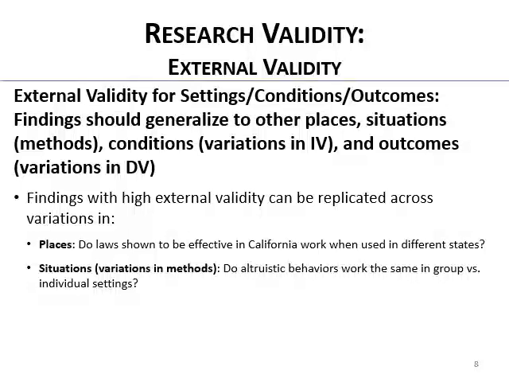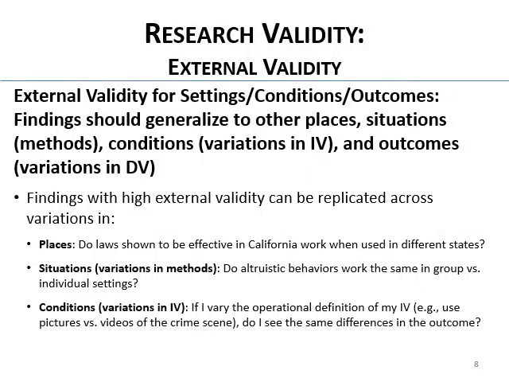How about situations? That is sort of variations in methodology. So do altruistic behaviors work the same in group versus individual settings? Nope. But that led to some additional information about diffusion of responsibility and those sorts of things, how people are altruistic individually versus in groups.